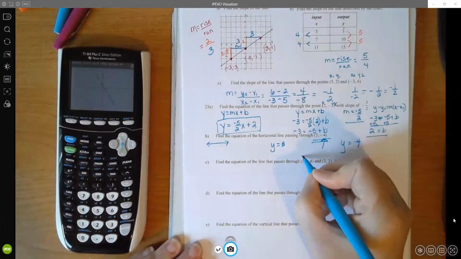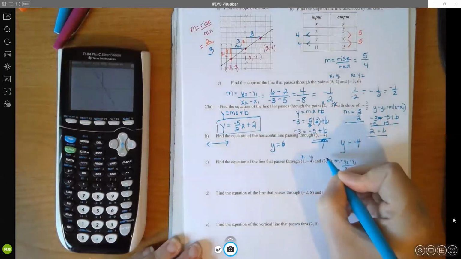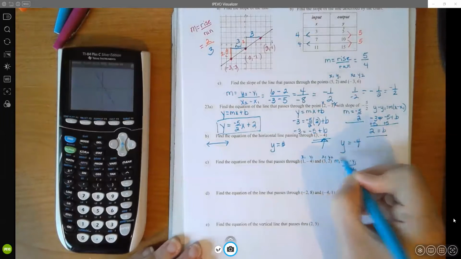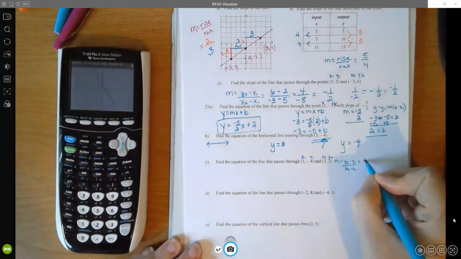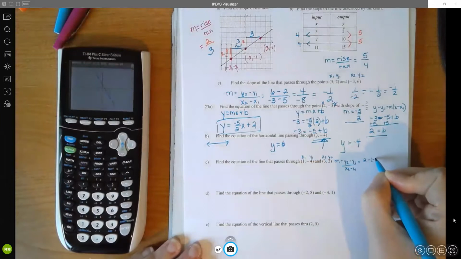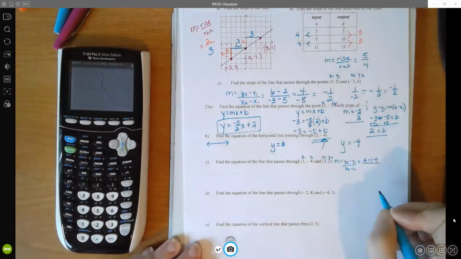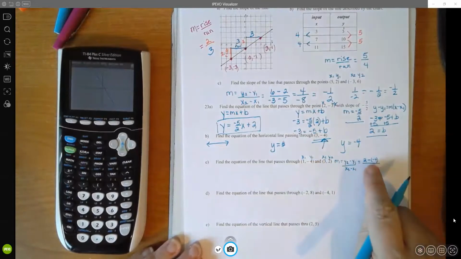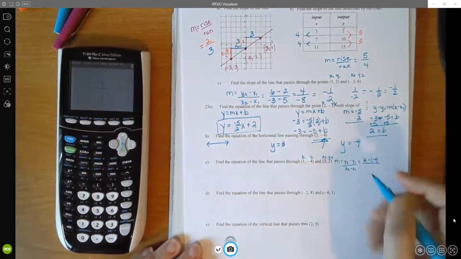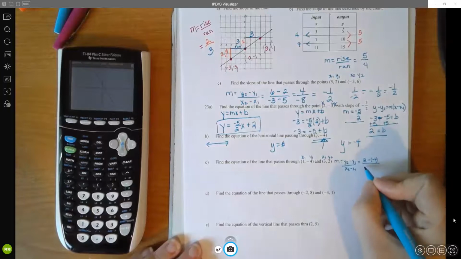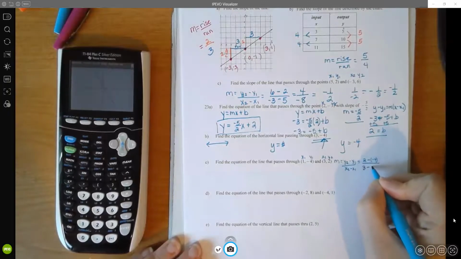So there's our x1, there's our y1, there's our x2, there's our y2. So that's going to be 2 minus a -4, and I'm going to put the -4 in parentheses to emphasize that double negative, the subtracting of a negative. And then on the bottom, 3 minus 1.